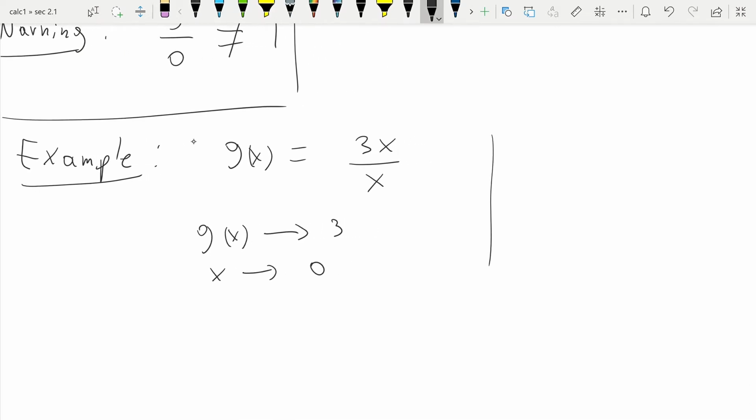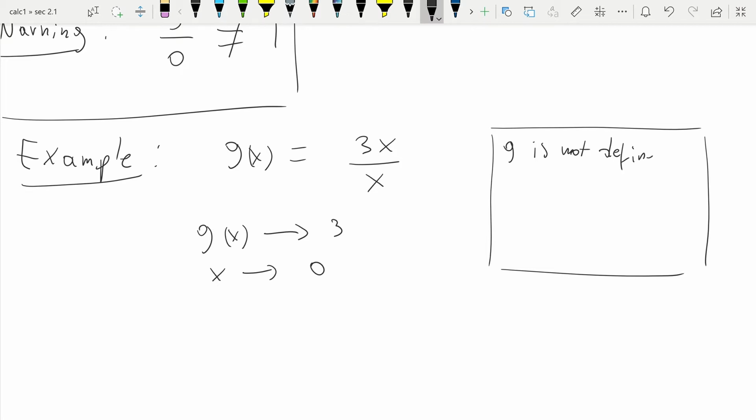Even though you can think that you can cancel out the x's, that's not allowed actually when x is equal to 0. So g is again not defined for x equal to 0. You cannot just plug in 3 times 0, which is 0, over 0 and cancel the x's.